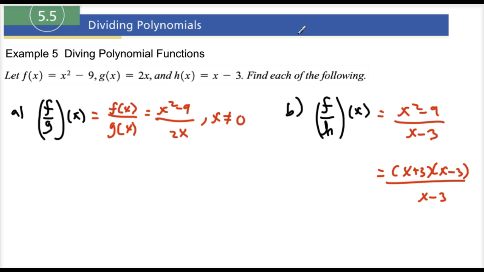This is nice because now these two factors cancel out, giving us just x plus 3. Now I still want to caution you that you need to put what values you cannot plug in. Go back to before we simplified it, and you still can't plug in the 3, because if you plug in 3, it's going to make the denominator 0. So I'm going to put a comma where x cannot be equal to 3.